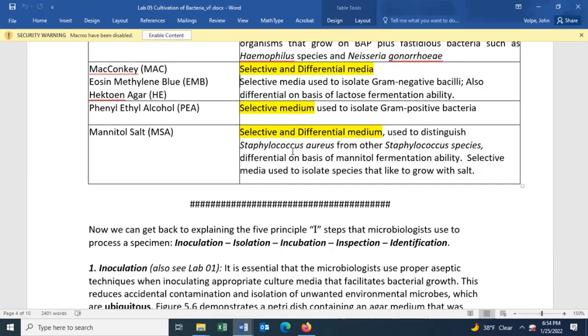Mannitol salt agar is also selective, and if the bacteria can grow on the plate, that means they like growing around salt.